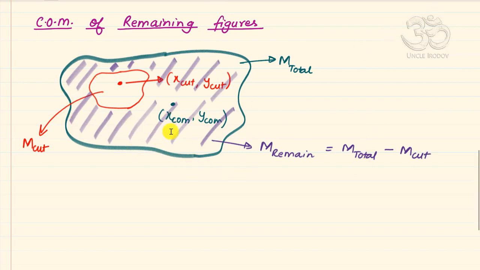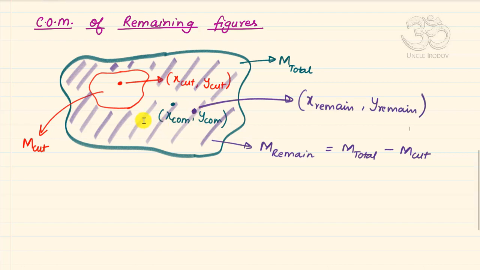So the shaded portion here has got a mass which is m remaining, and this is m total minus m cut, and let the center of mass of this remaining part be somewhere. Let it be some point here. This is x remaining and y remaining, and this is the center of mass of the remaining portion.